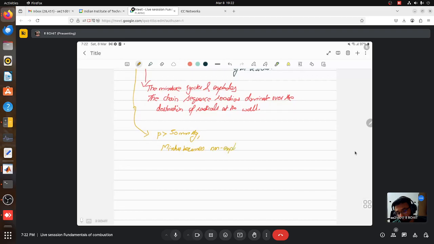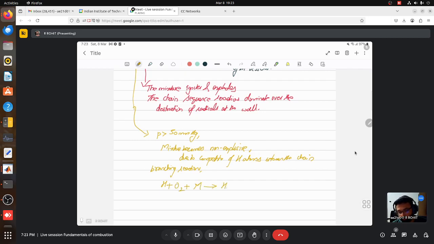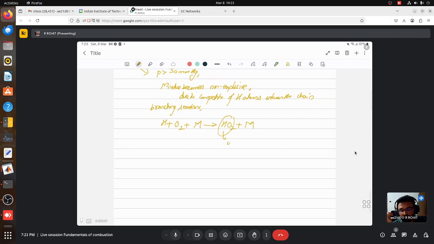This is due to the competition for H atoms between the chain branching reactions, like H plus O2 plus M giving rise to HO2 plus M. Here this HO2, a metastable species, becomes non-reactive under these pressure conditions.